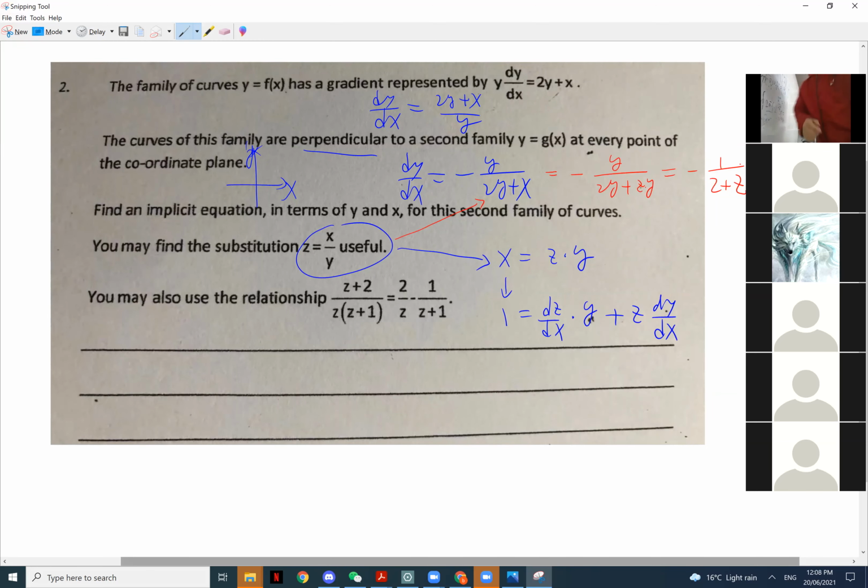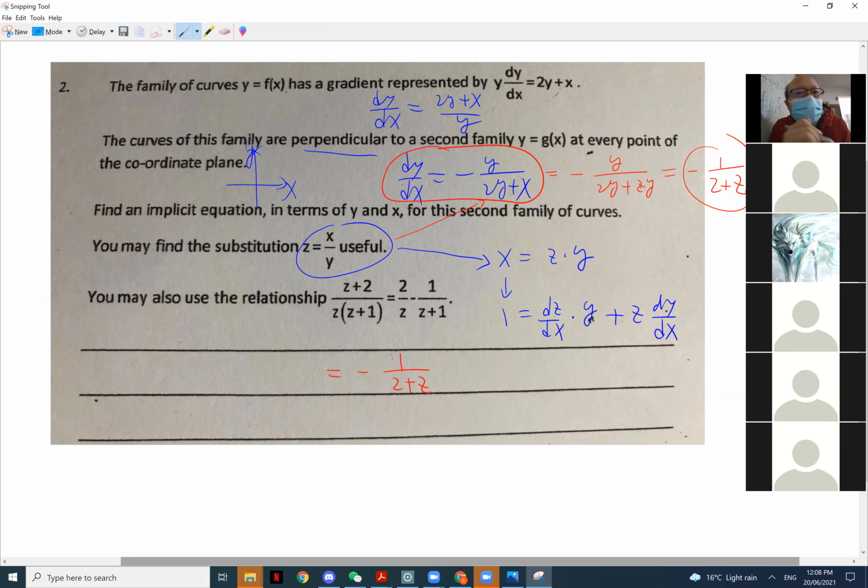Yeah, the whole idea: we try to solve this one, but the question gives you a hint, z equals x over y. We try to use it. If you use it for the right hand side, it's very easy.